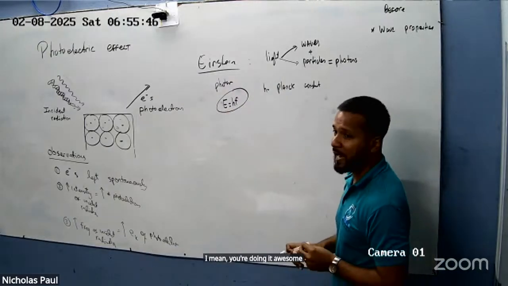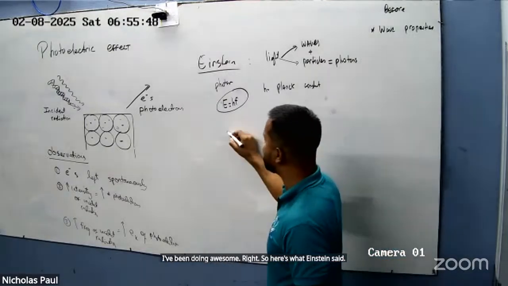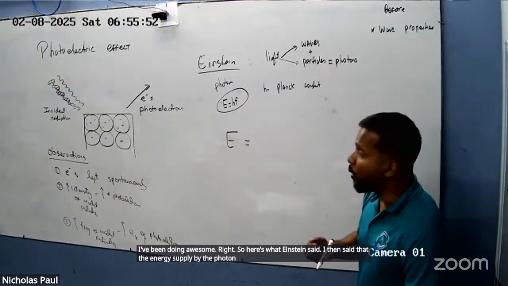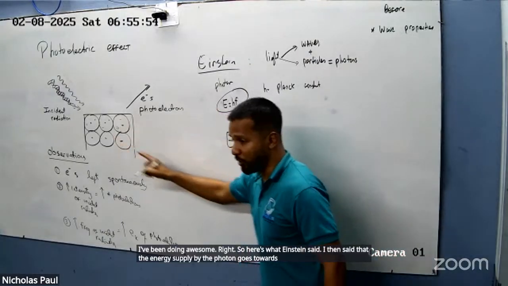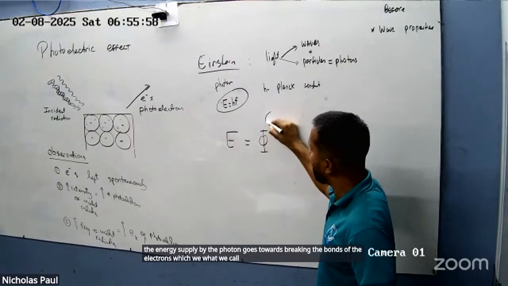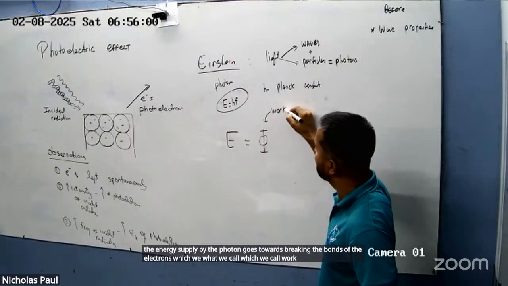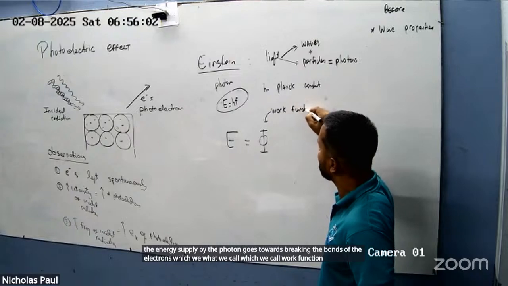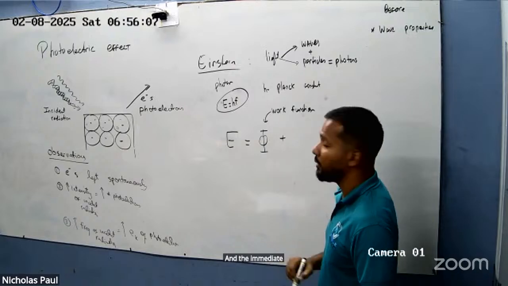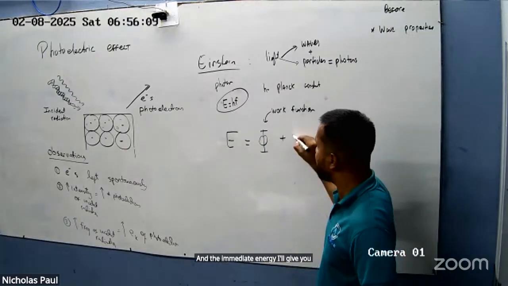So here's what Einstein said. Einstein said that the energy supplied by the photon goes towards breaking the bonds of the electrons, which we call the work function, and the remaining energy is kinetic energy.